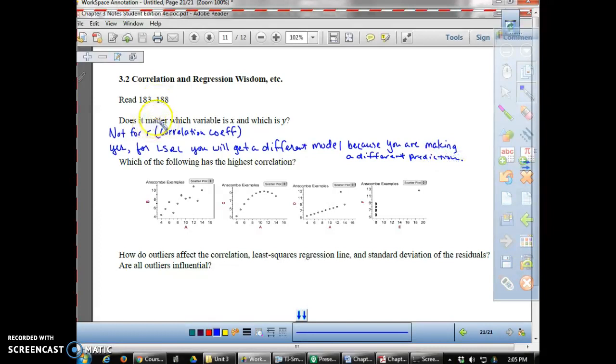Now, one of the things to talk about is that sometimes it is clear which one should be x and which one should be y. It's obvious that one is the explanatory and one is the response variable. So if it is clear, be sure to use the right variables.